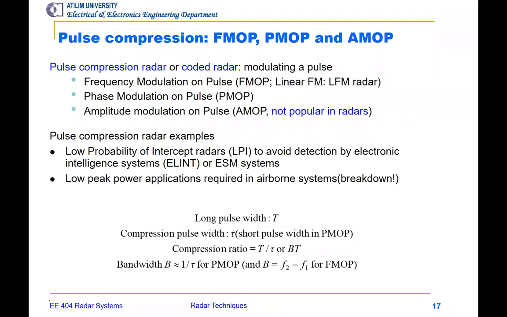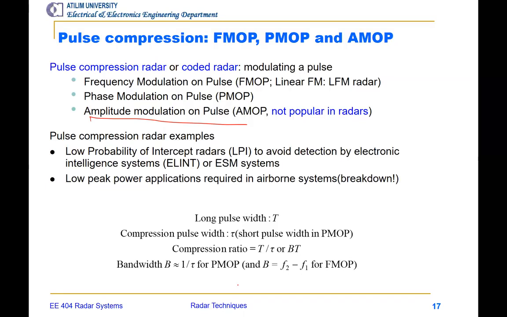There are basically two ways to implement pulse compression. One is to use frequency modulation. The other one is phase modulation. Amplitude modulation is not popular. It's not applicable in most of the radar systems.